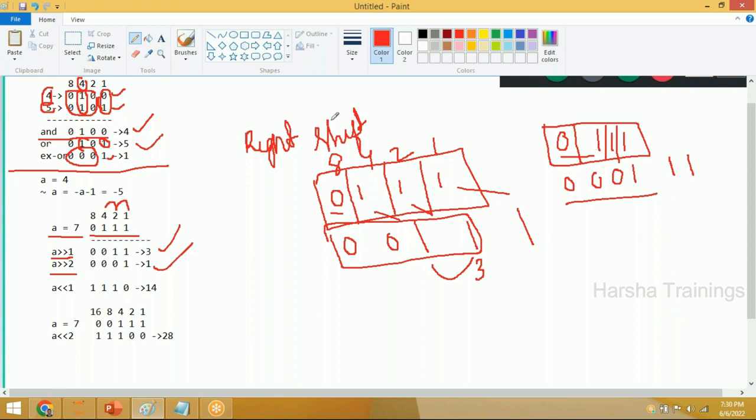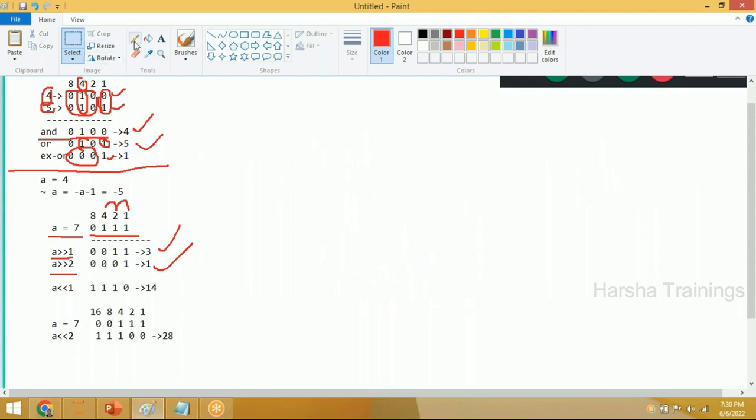Yes, sir. Now, let me discuss the left shift operation. If I want to do a left shift, here I am taking a equal to 7, which means 0111. Okay, 0111 is called 7.